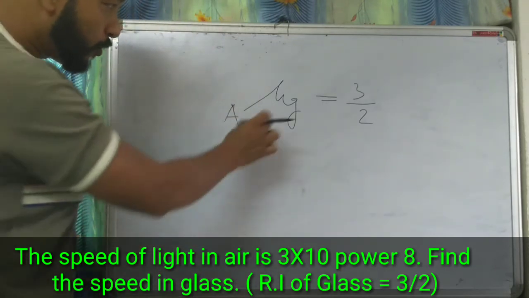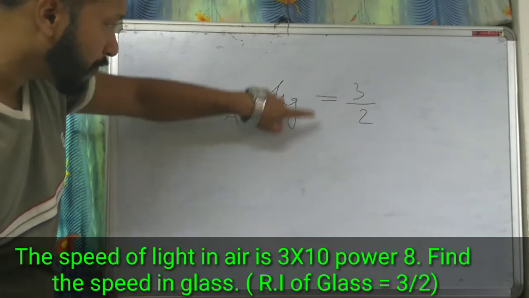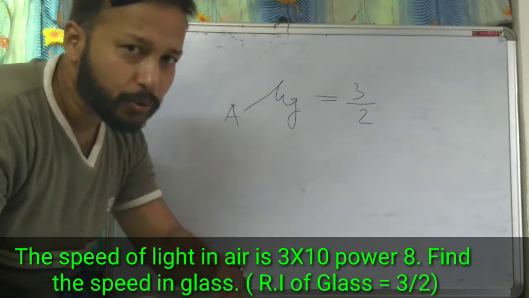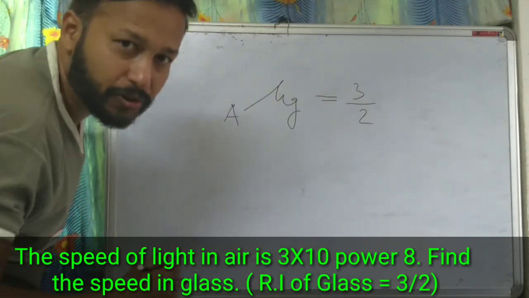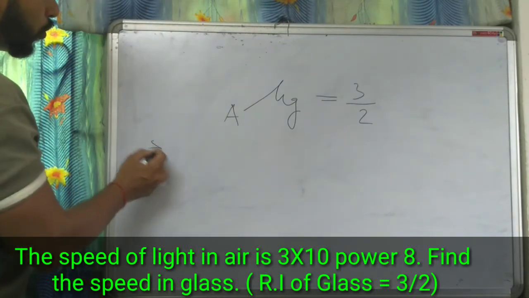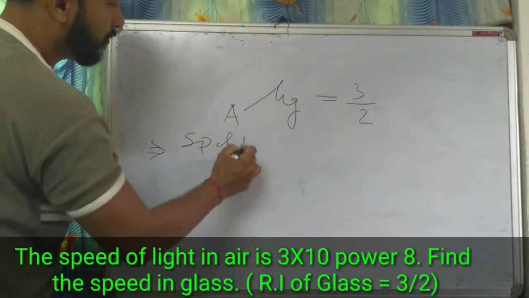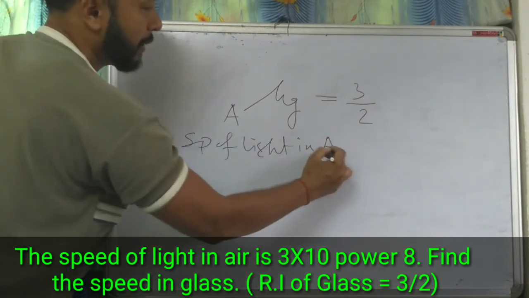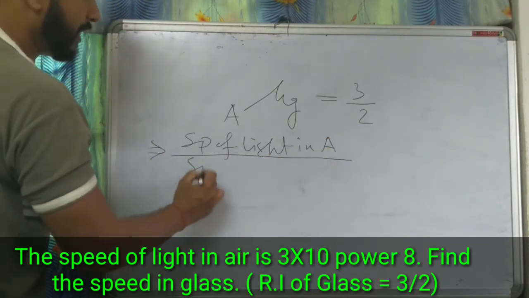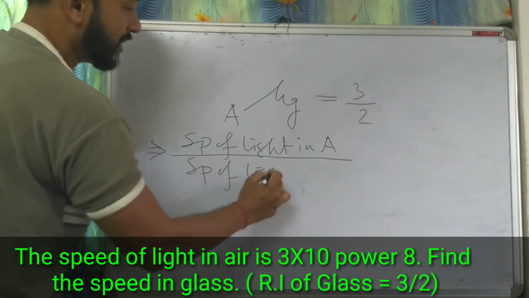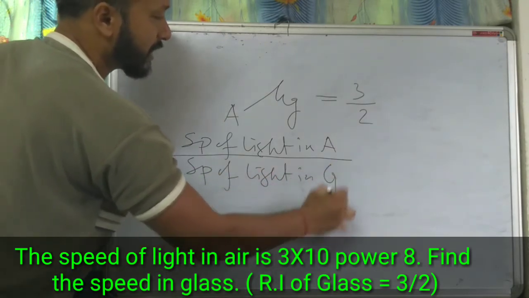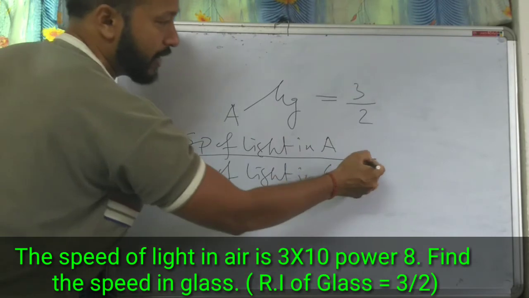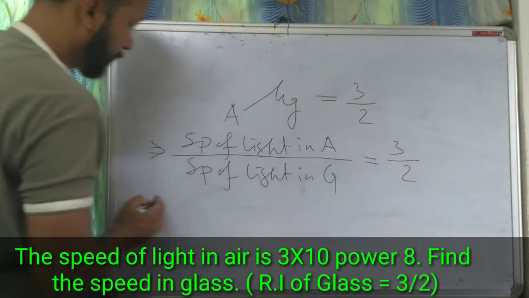Understood? Now we know the formula of this. What is the formula of refractive index related to the speed of light? Yes, we should write that formula first. So speed of light in air by speed of light in glass equal to 3 by 2.